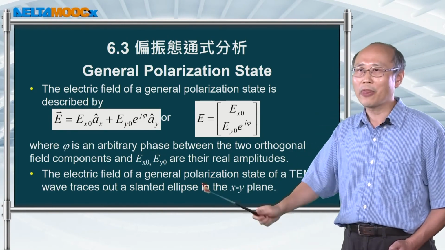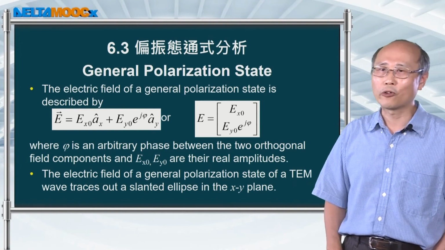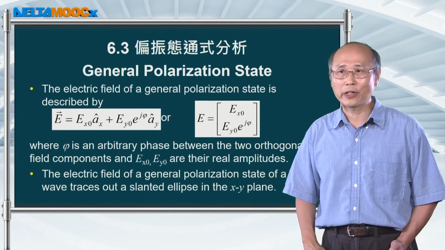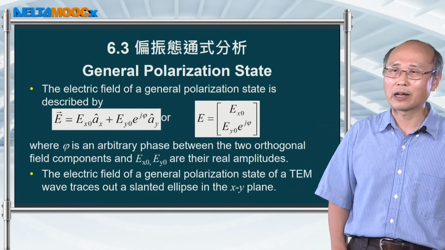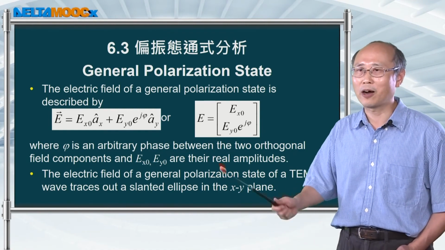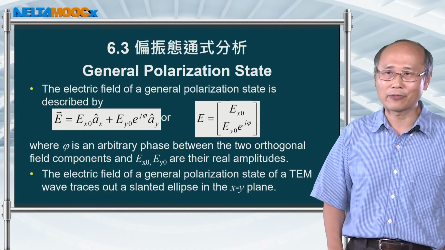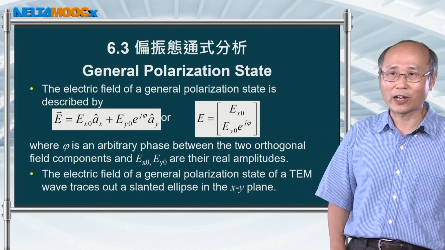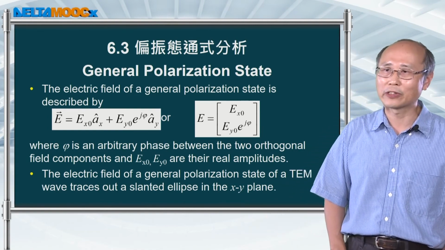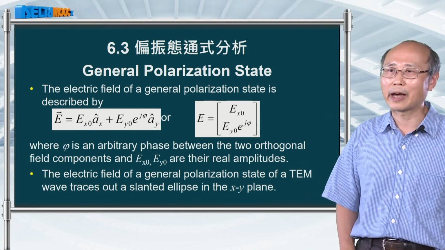We also allow there's a phase difference between these two components. And we found that this polarization state basically will trace out an ellipse on the xy plane, and the tip of the electric field will just rotate about the trajectory of the ellipse over time. And so in general, a polarization state of a TEM wave is going to be a slanted ellipse in the xy plane.